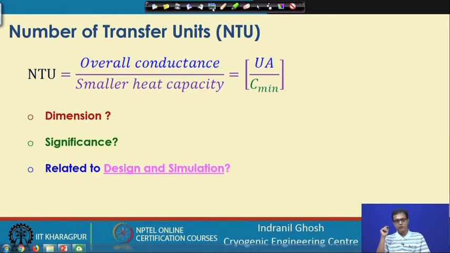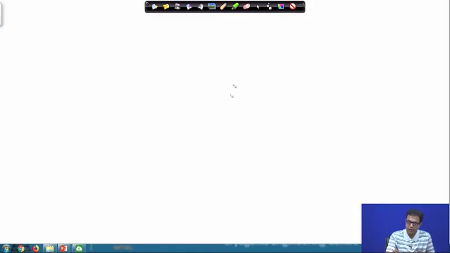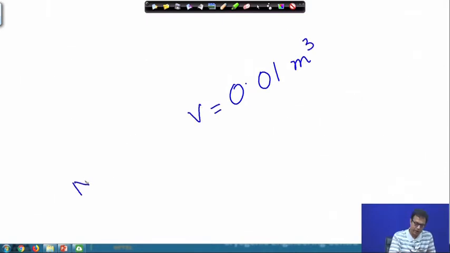They have given an example of a gas turbine regenerator, where the NTU is 10, but the core volume of the heat exchanger is only 0.01 meter cube. This is corresponding to an NTU of 10.